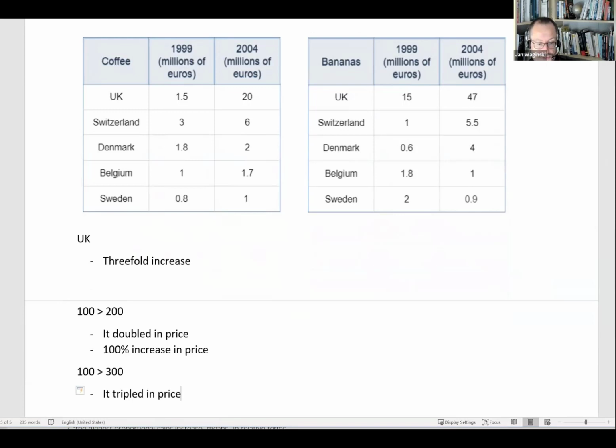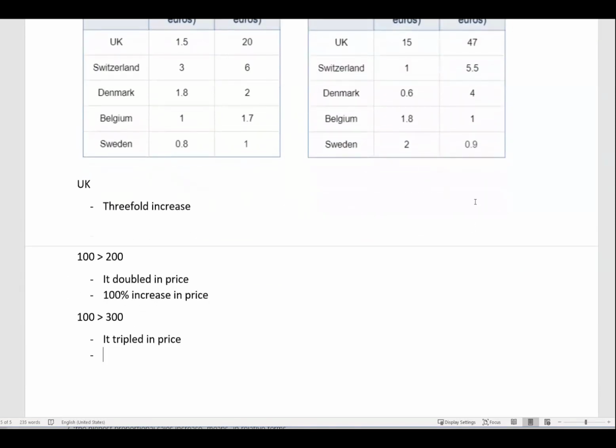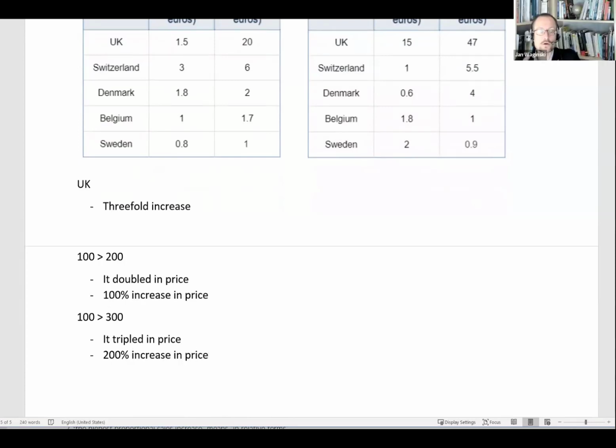But what was the percentage increase? 200%. Just remember, doubling means 100% increase, not a 200% increase. Don't let that fool you. Just because it says double doesn't mean it's 200.